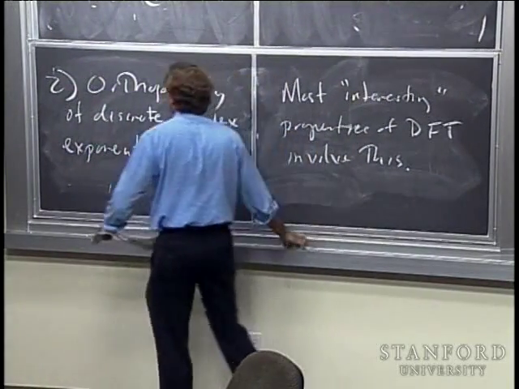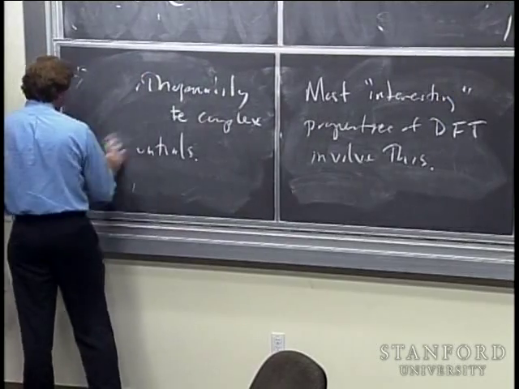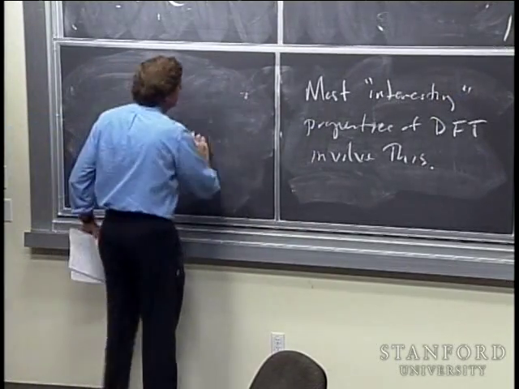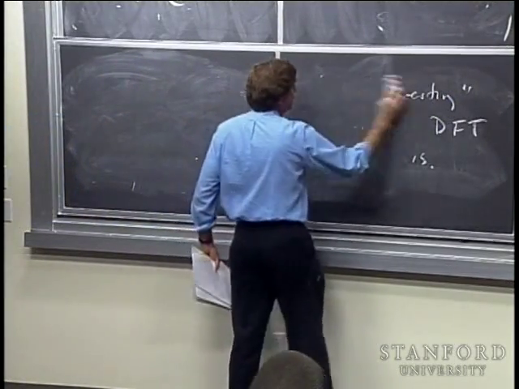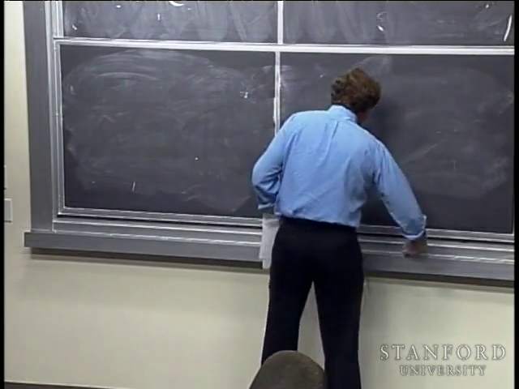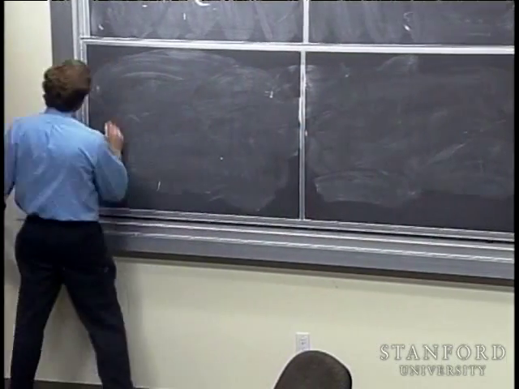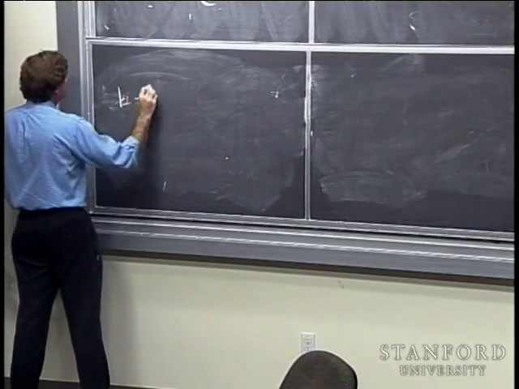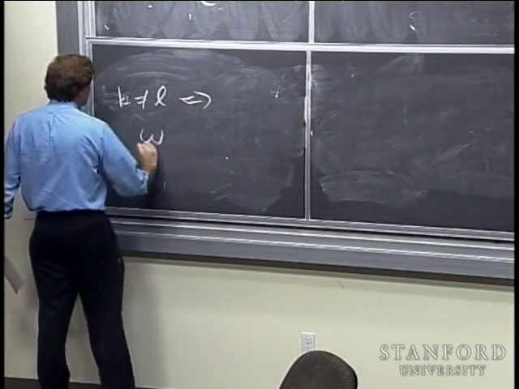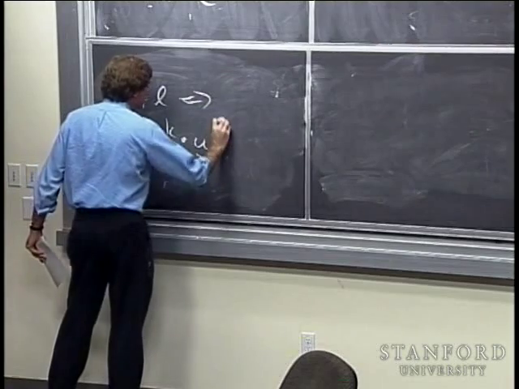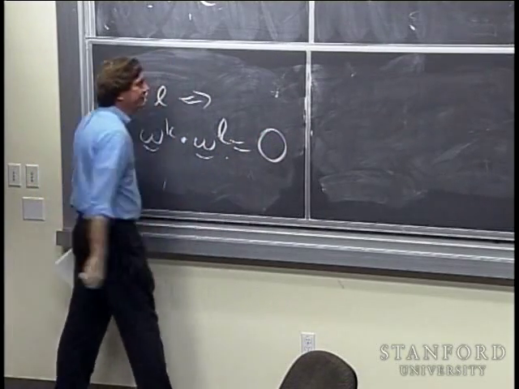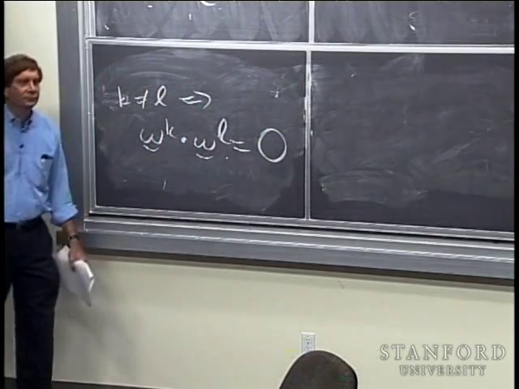So if k is different from L, omega to the k dot omega to the L, the inner product of the discrete complex exponentials, is equal to 0. What happens if k is equal to L?